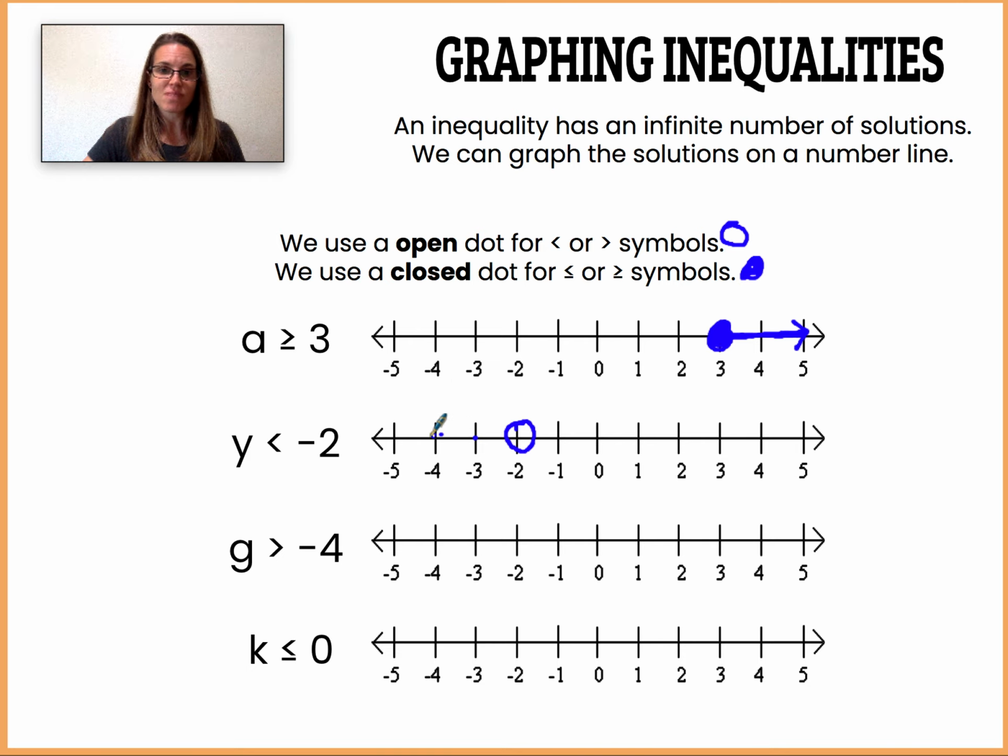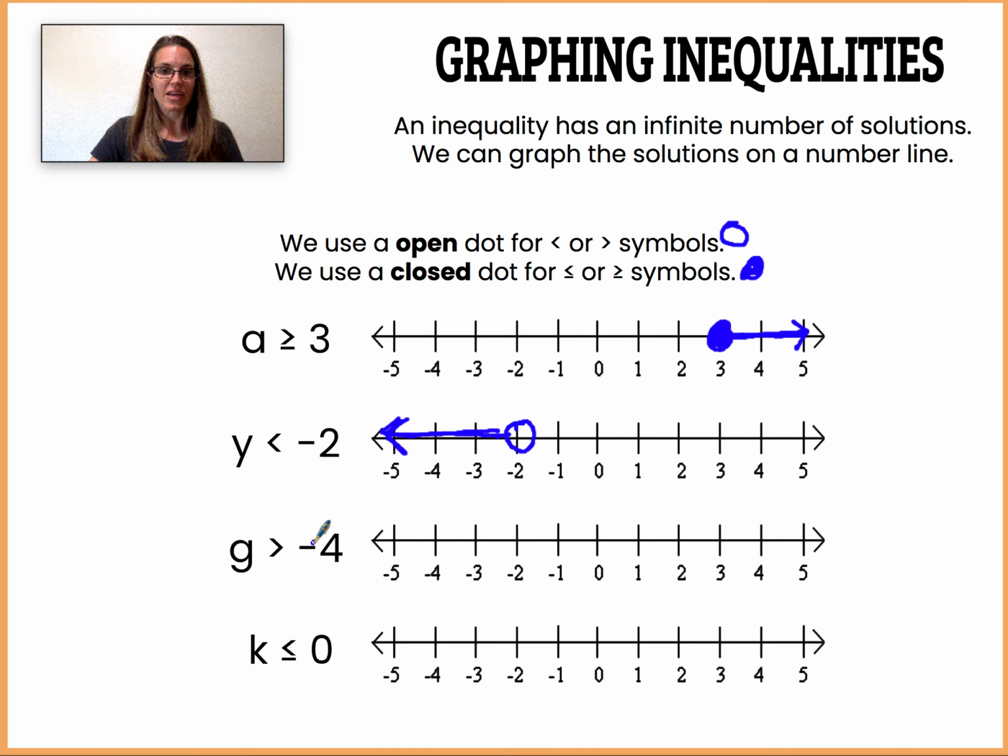Well, -3, -4, -5, -10, -20, -2.5. Those little dots that I just did help me understand the inequality, but that's not my graph. My graph is an open dot at -2 and then an arrow to the left. Again, this arrow represents the infinite number of solutions to the inequality, the infinite values that make this statement true.